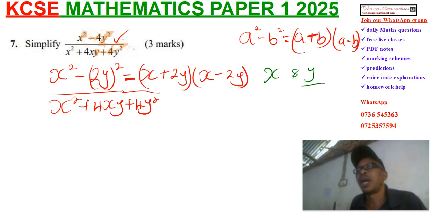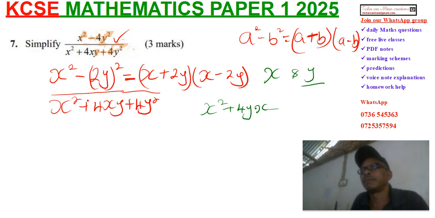So here we can write our quadratic expression as x squared plus 4y x plus 4y squared. So we treat y as a constant.